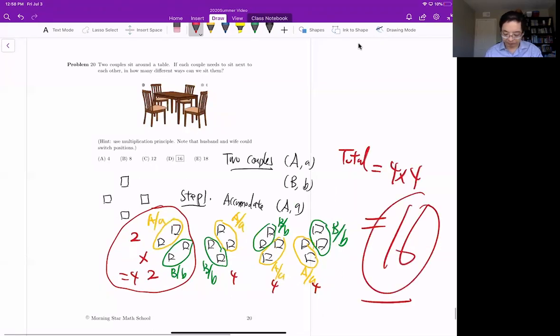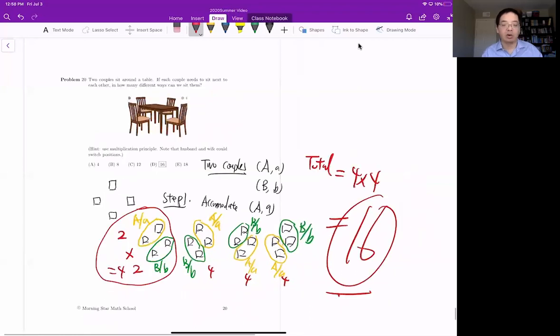Sometimes you see problems that say if you rotate the table we consider them the same after rotation, just like if you try to color a cube, or use different beads to form a necklace, you can do rotation and flip and it's still the same.